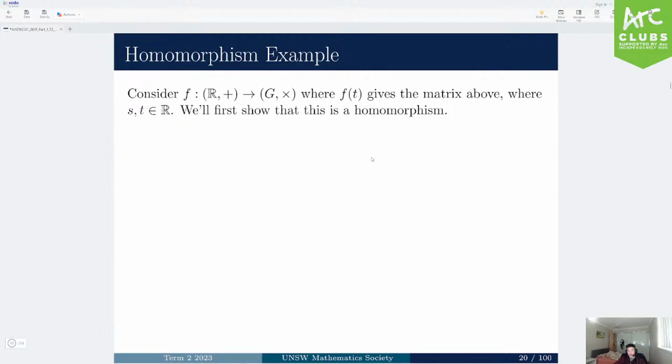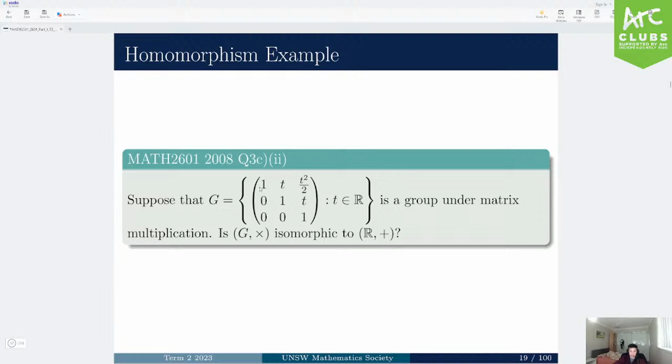Again, we have to first show that this is a homomorphism. In other words, we have to show that f of s plus t, so we have the plus in the domain, is equal to f of s times f of t, because we have the times in the codomain. Well, notice that f of s times f of t, we're going to be multiplying two matrices together.